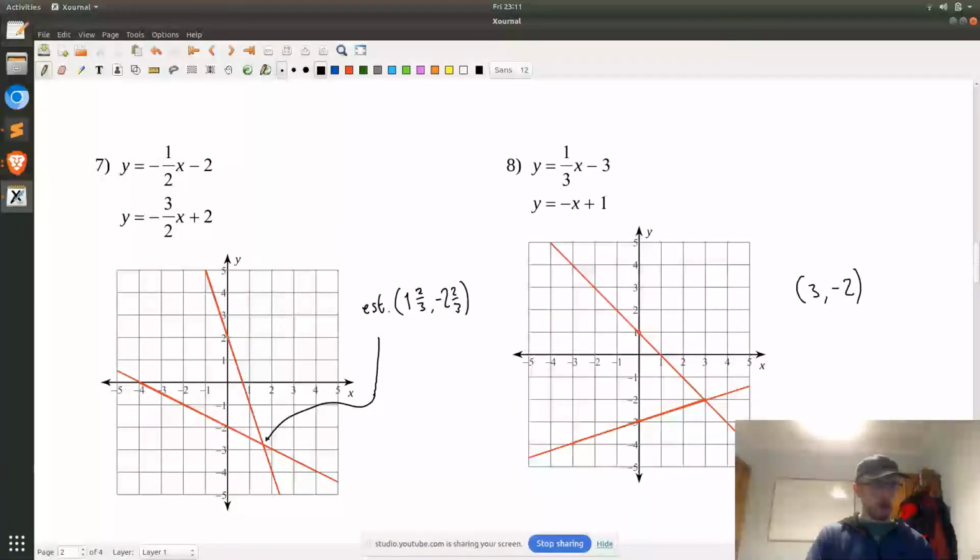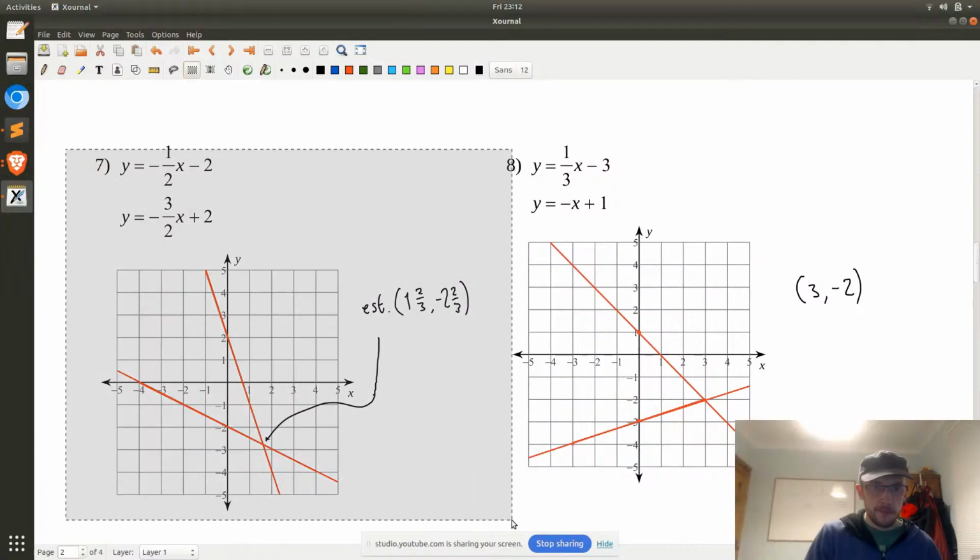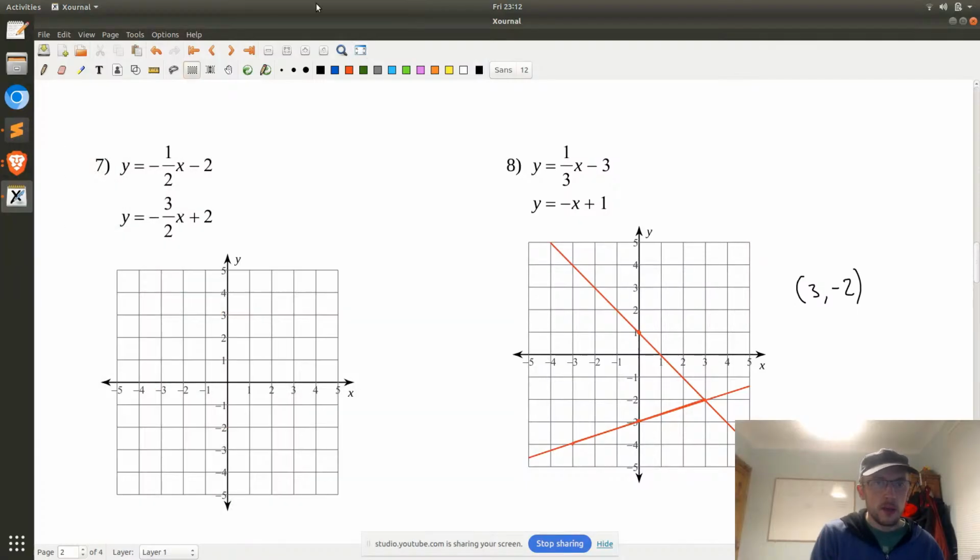That one has to be redone. No problem. All right. Slope of -1/2 should look like that.